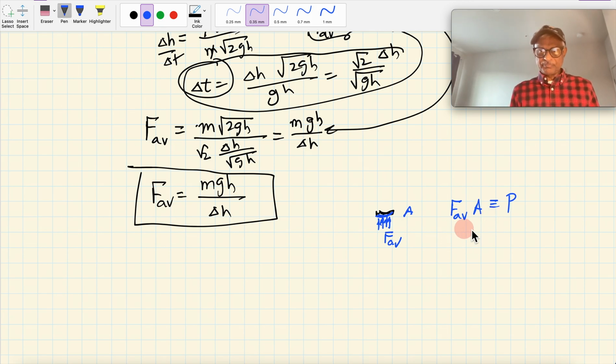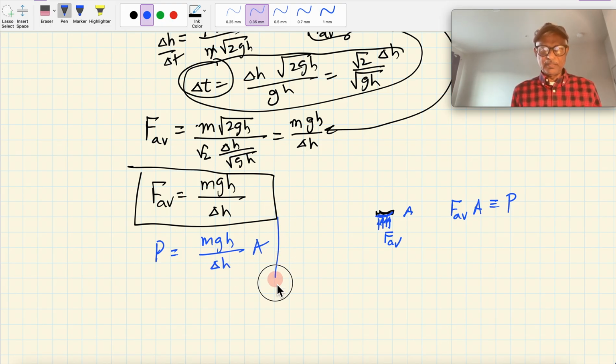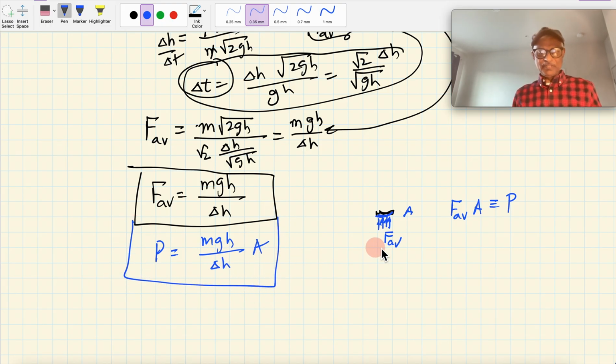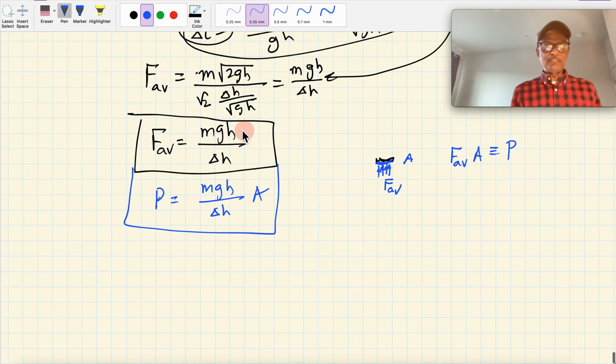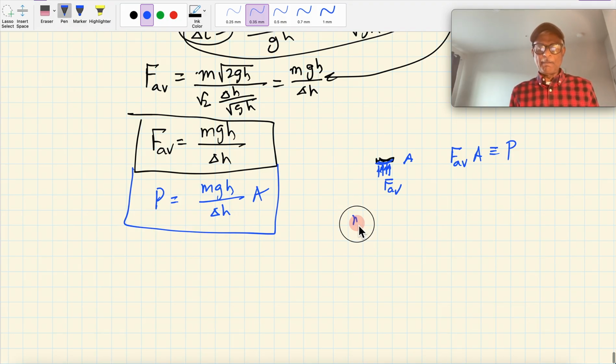So the pressure will be mgh over delta H times the area. Let's see what number comes out. Okay, so we just need to figure out mgh. M is 70 kilogram for this person.